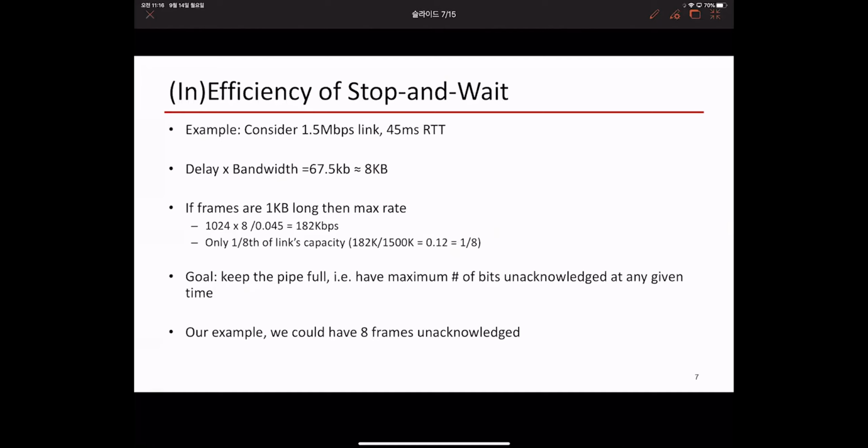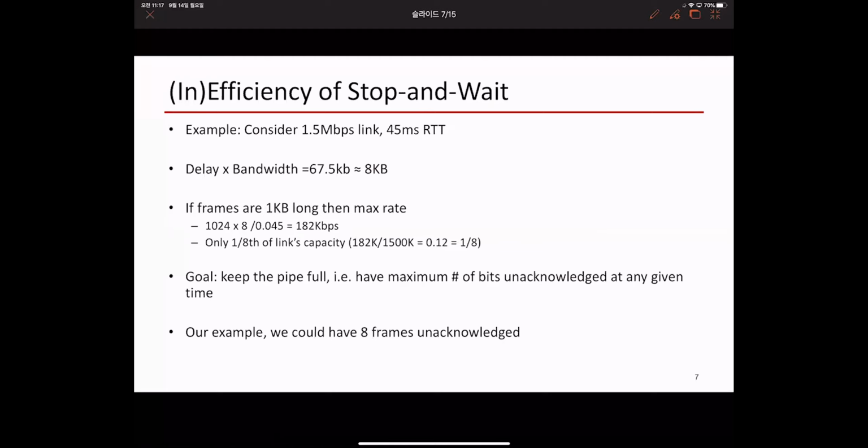In calculation, if I'm sending 1 kilobyte in the 45 millisecond delay, I'm using 182 kbps, and I have a link of 1.5 Mbps, so I'm using 12%, which is equal to 1/8.